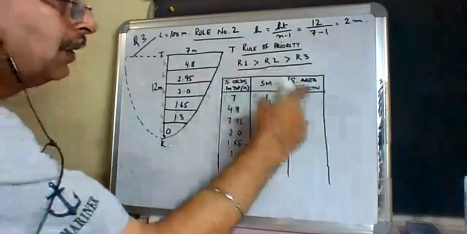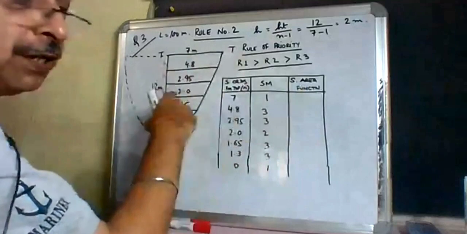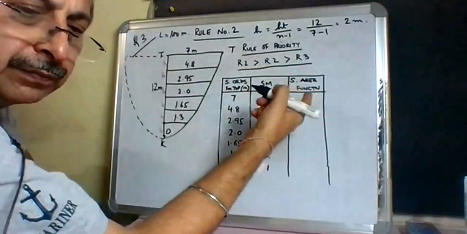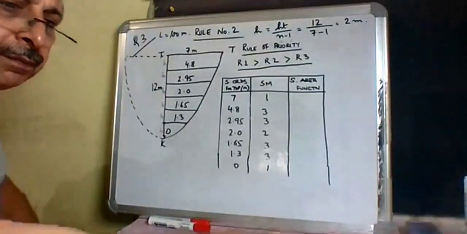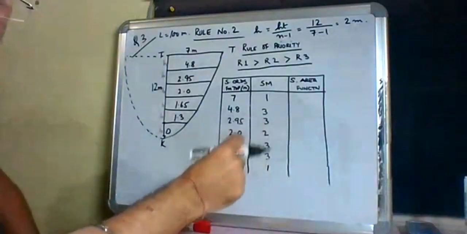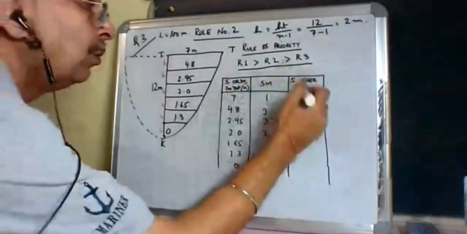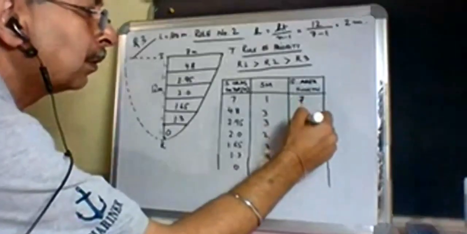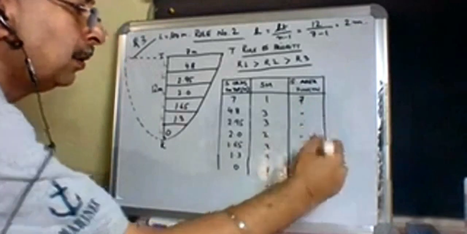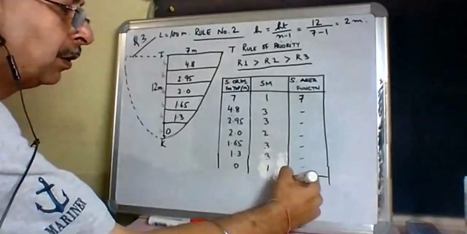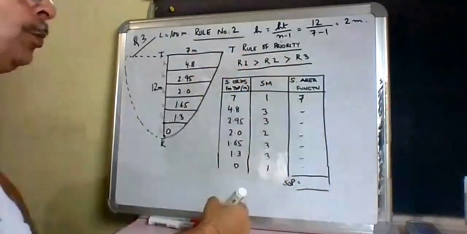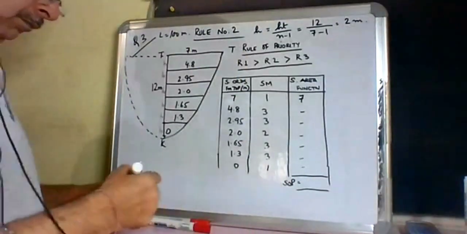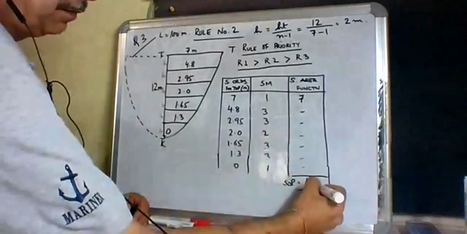Ordinates will give you area, half ordinates will give you half area. Very simple. So multiply them and find out the value of SOP. 48.6. Is everyone getting the same?